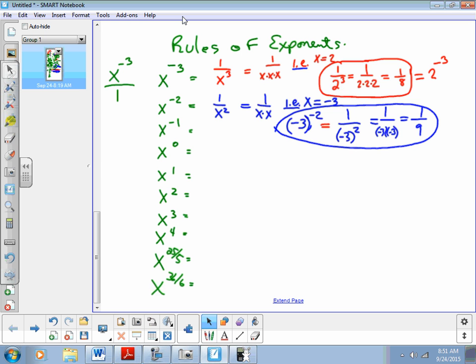That means it needs to move to the denominator, and then that exponent becomes a positive. If I would have had 1 over x to the minus 3, but notice it's on the bottom right now with a negative exponent, go the opposite way. If it's on the bottom with a negative exponent, move it to the top.